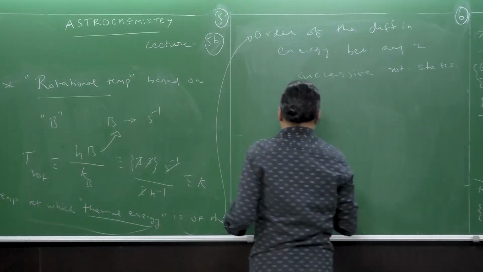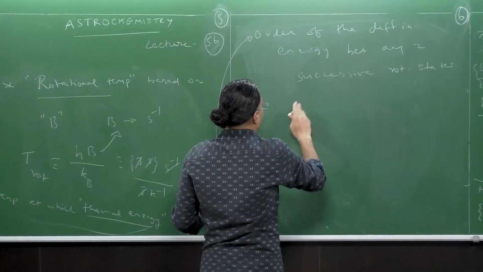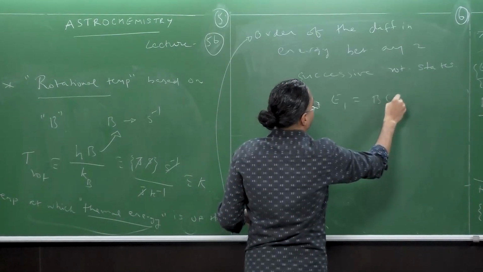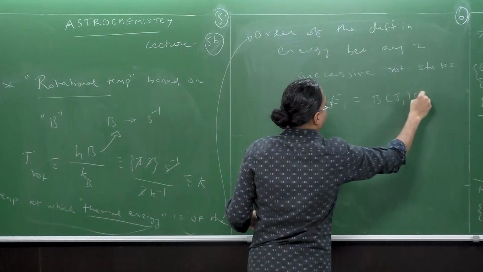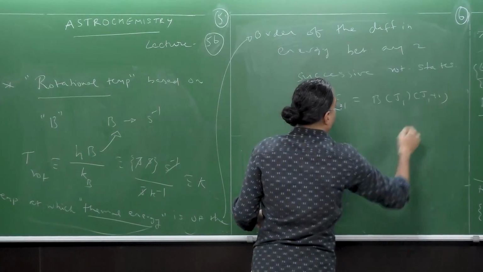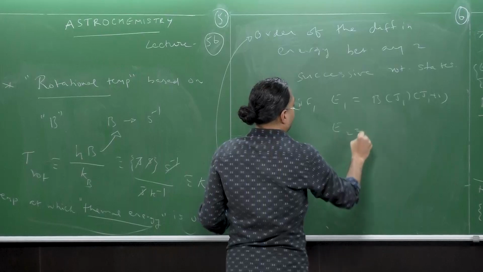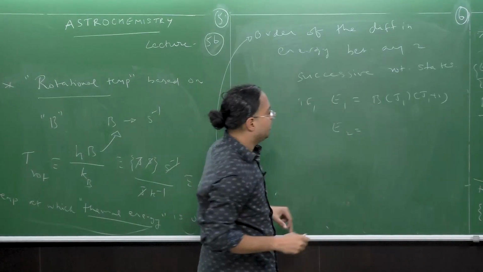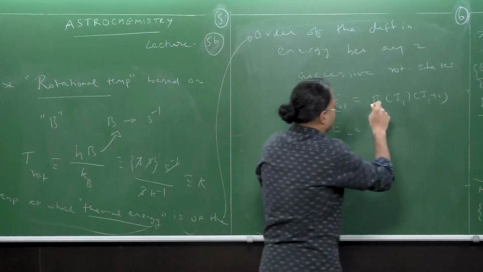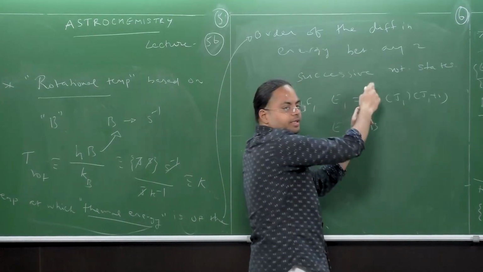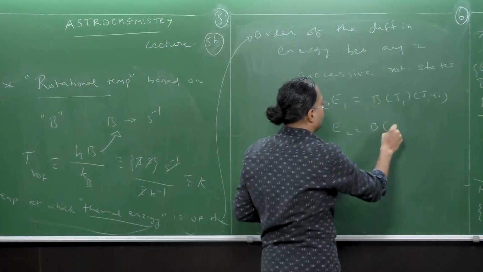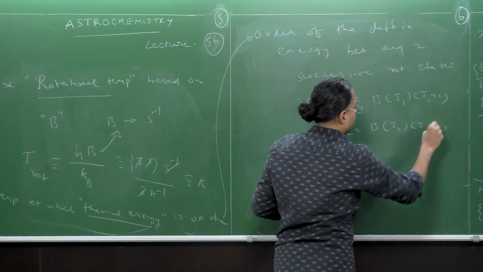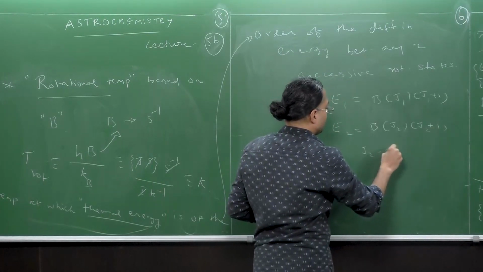Let's say that my E1 equals B times J1 times J1 plus 1, and my E2, see, the rotational constant doesn't change between any energy level, okay? There's going to be no other factor because everything I've expressed in terms of B already. This is going to be J2 times J2 plus 1, where, let's say, J2 minus J1 is 1.